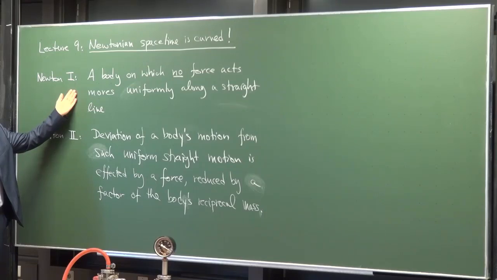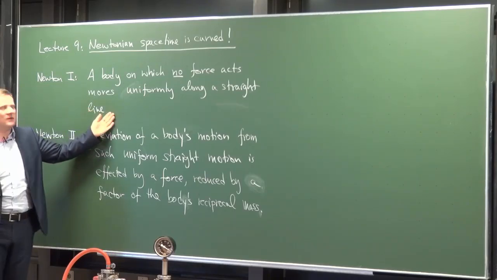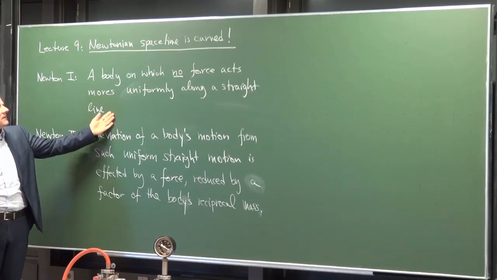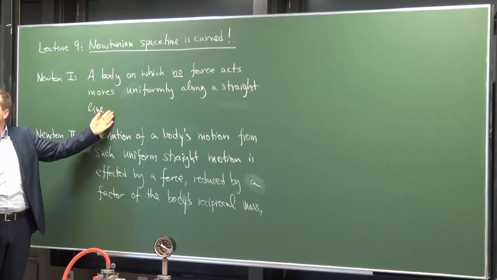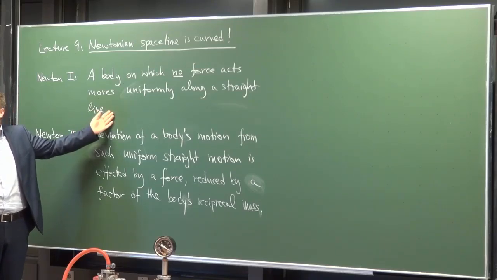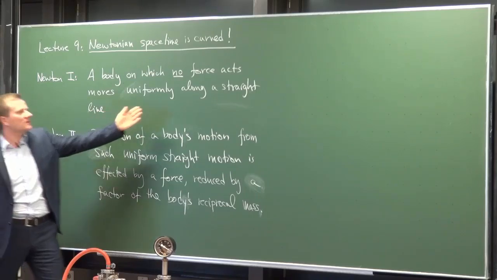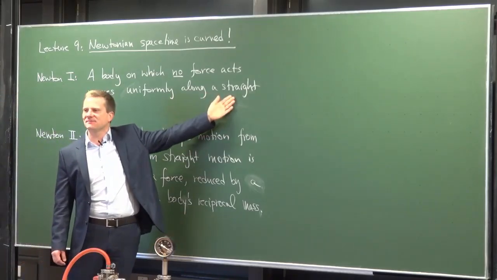He didn't need to emphasize this special case in an extra axiom. And the first axiom needs to be read, therefore, a different way in order to have an important role. The role is the following. You assume that for some reason, we'll come to that, you know that no force acts, and then you use such particles to experimentally check what a straight line is.